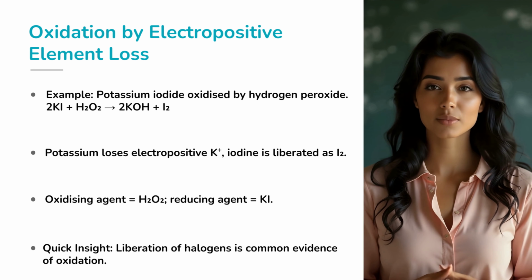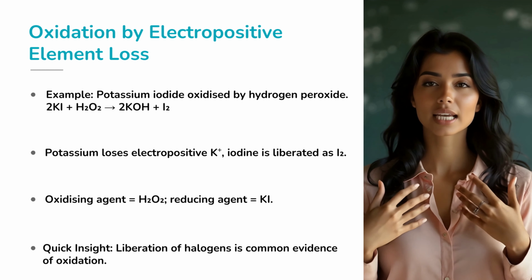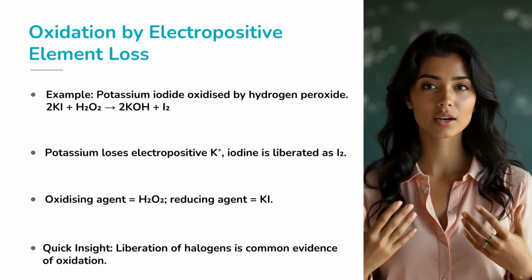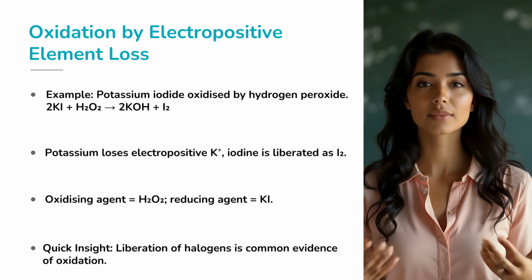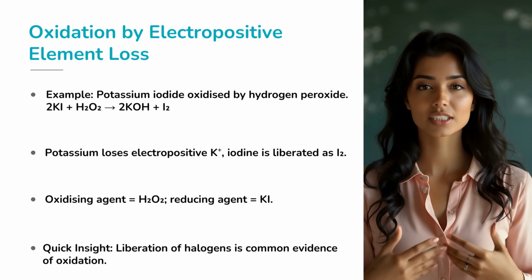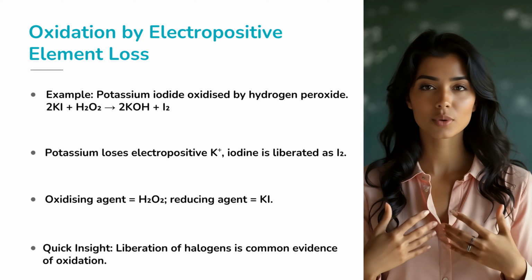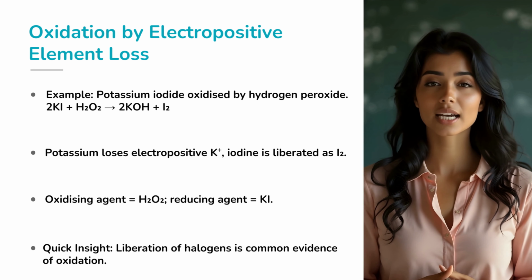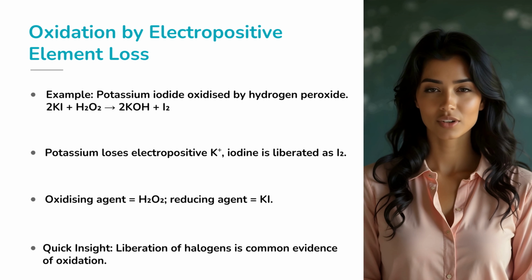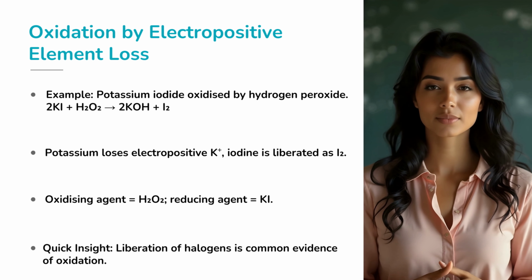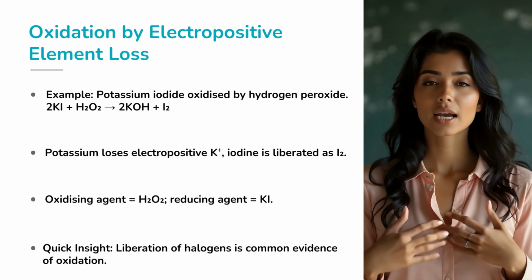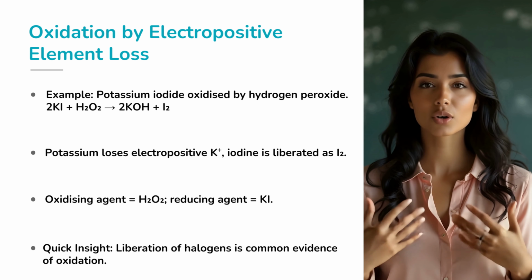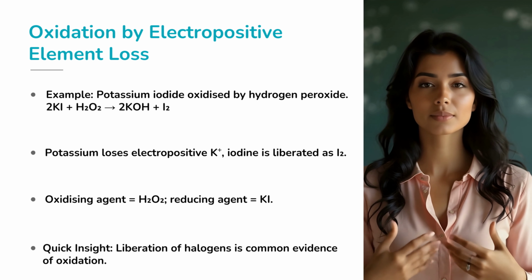What's happening is that potassium, the electropositive element, is lost and iodine is released. This is a classic example of oxidation by the removal of an electropositive element. The hydrogen peroxide is the oxidizing agent and potassium iodide is the reducing agent. The violet vapors of iodine are a great visual clue that oxidation has taken place.